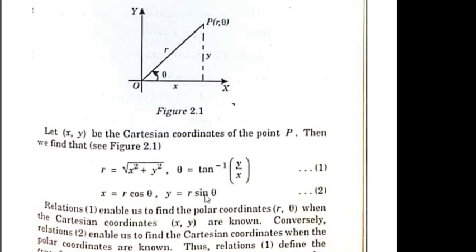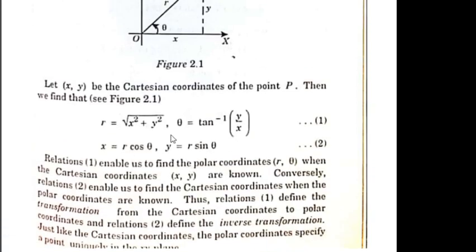We substitute these in the given equation, and then that equation converts into polar form. When we want to convert polar form to Cartesian form, we use these equations: r equal to square root of x square plus y square, and theta equal to tan inverse of y by x.